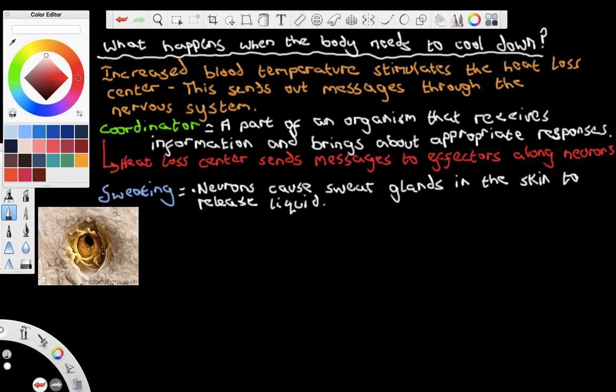So you've got millions of these on your skin that all secrete liquid onto your skin. We can then say that the liquid absorbs heat energy from the skin, becoming water vapor, or becoming a vapor.